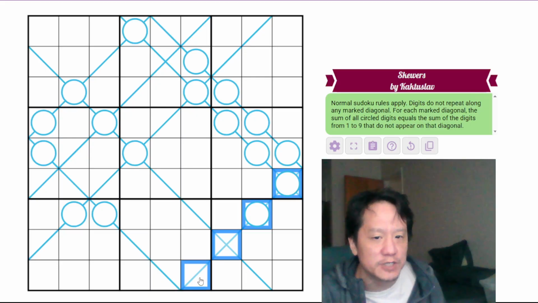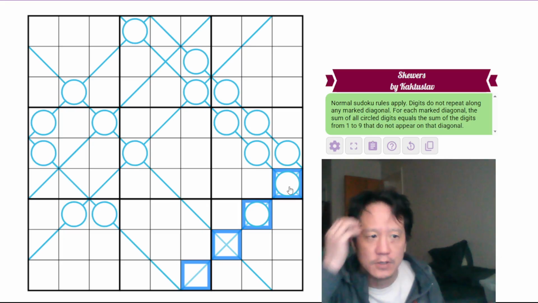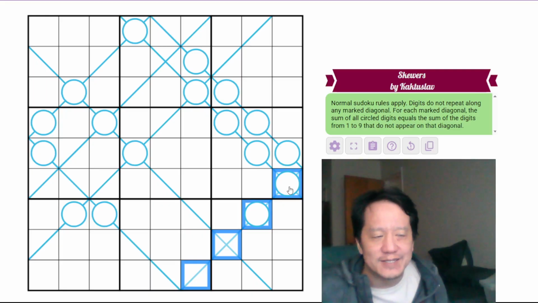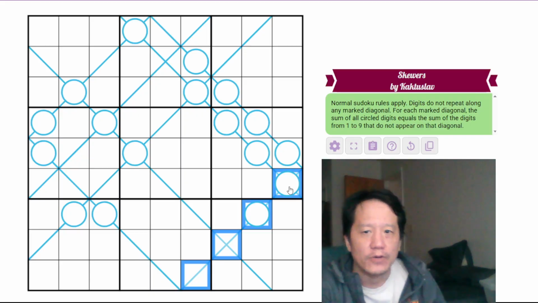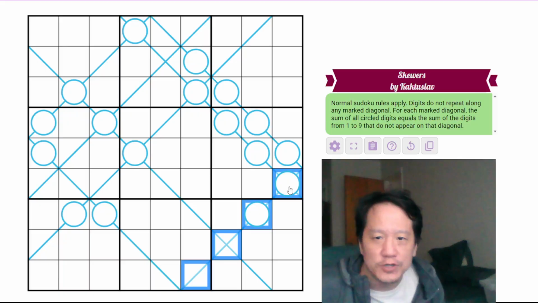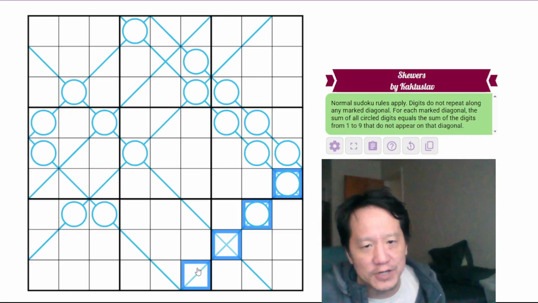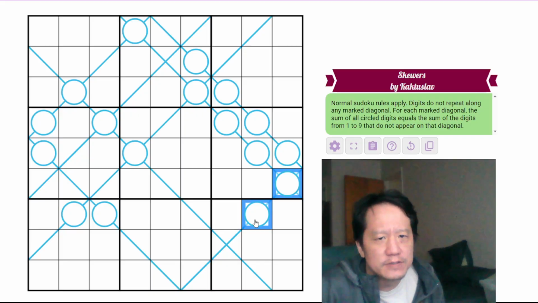So that means these must be 4 distinct digits, because if you have only 3 distinct digits here, that means 6 digits are not on the diagonal there. Oh, well, okay, there are no repeats along any marked diagonal. So the 5 digits that are not on this diagonal must equal what these 2 digits add up to.